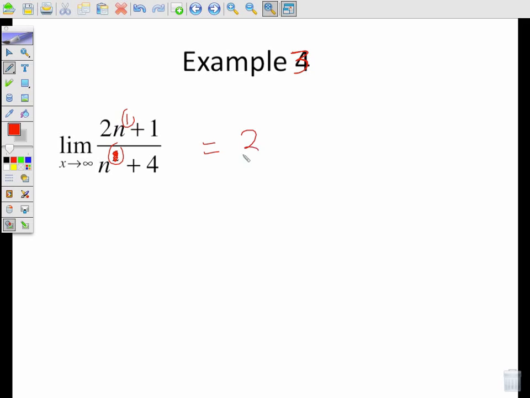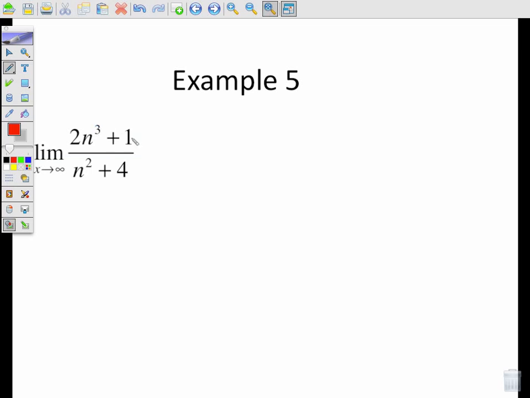So again, your degrees are the same, and so you can just do the 2 to 1, which is 2. Now the last problem, if we change the degrees here, so 3 compared to 2, since it's bigger, this concludes that the limit does not exist.